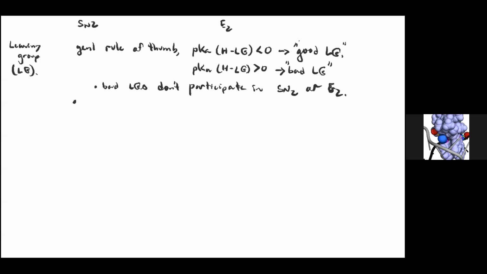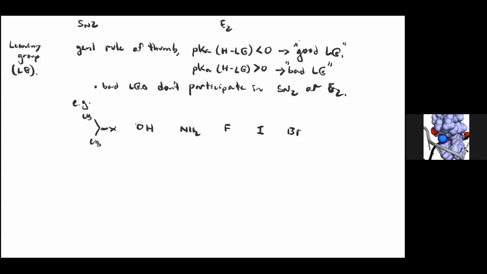Okay, and so for example, if I have some sort of 2-substituted propane, we'll list the X groups here. So we'll say, for example, X equals OH, X equals NH2, X equals F, X equals I and Br, let's say.